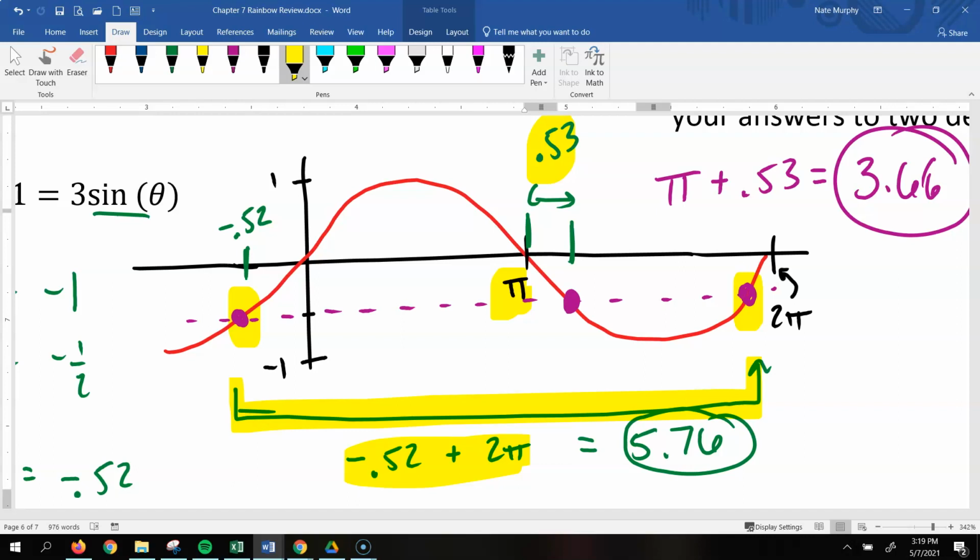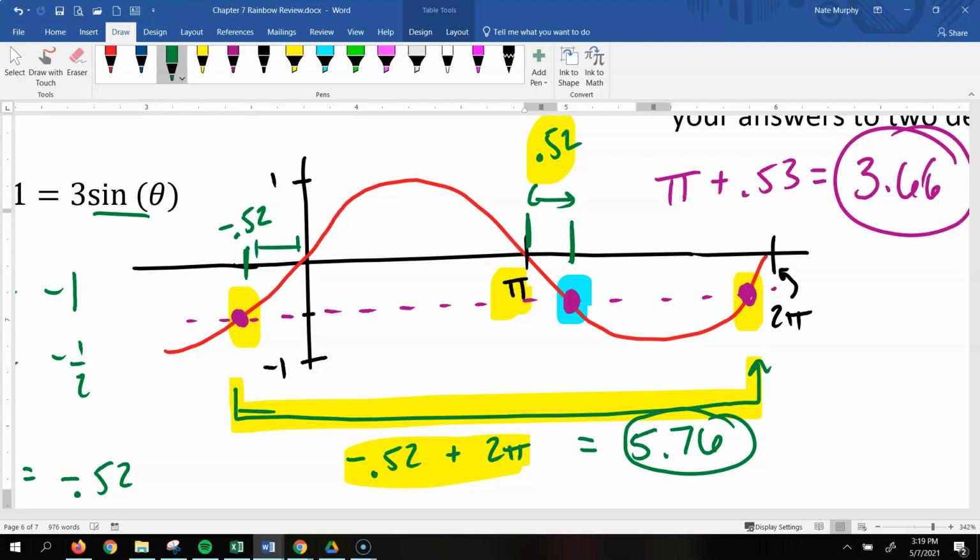Now we've got to find the other solution. So how do we find that? Well, what I did here is I drew this horizontal line to represent where negative 1/2 would be, so we can find out where all of our solutions are. Now I want to figure out what this solution is. Remember that 0.52 was the distance here, and it's the same distance there from pi.